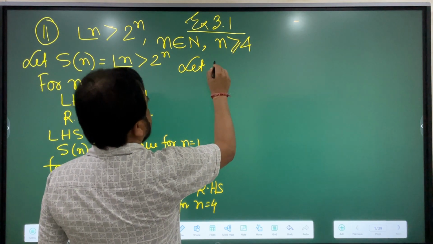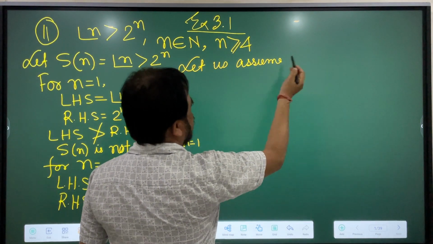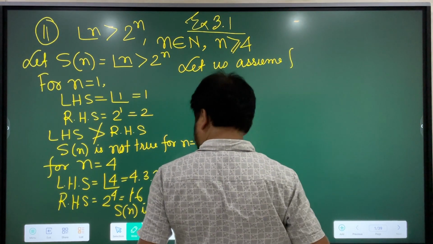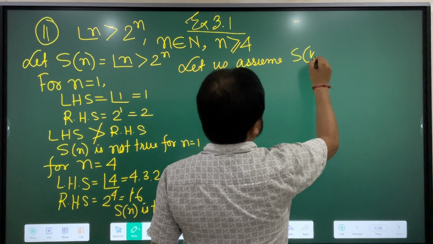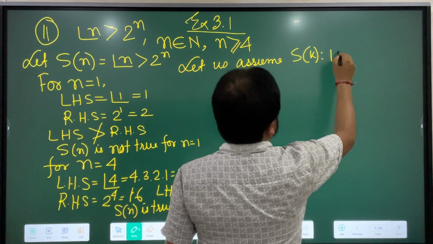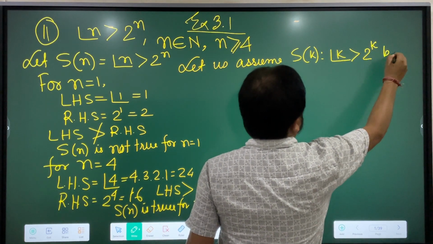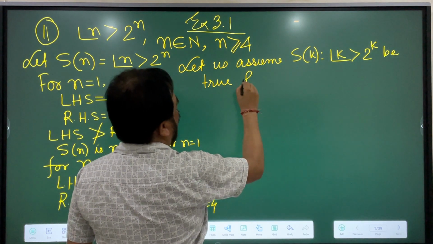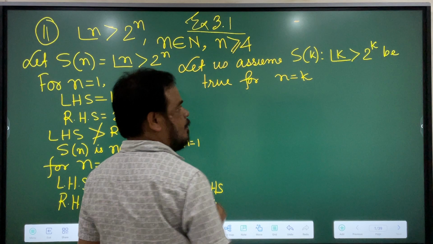Let us assume, the process is the same. Let us assume Sk: factorial k greater than 2 to the power k be true for n equals k.